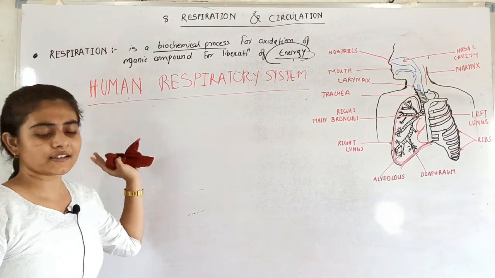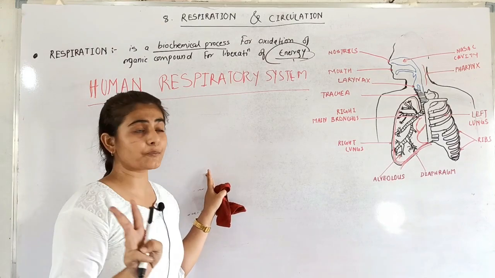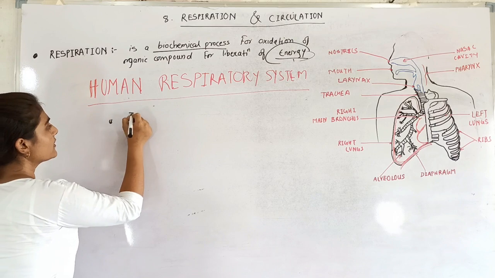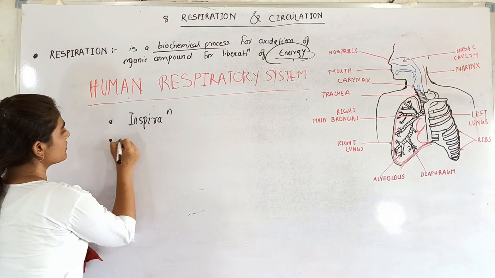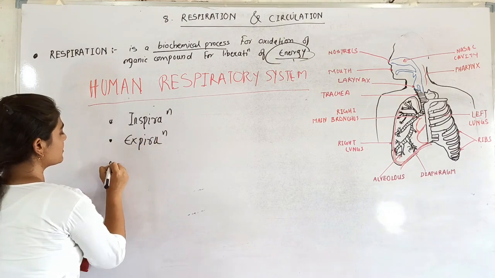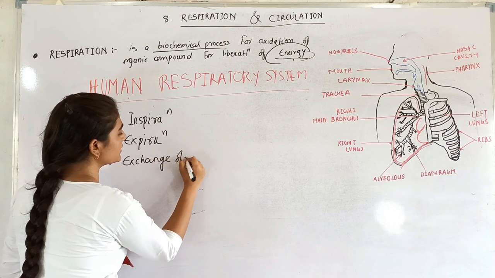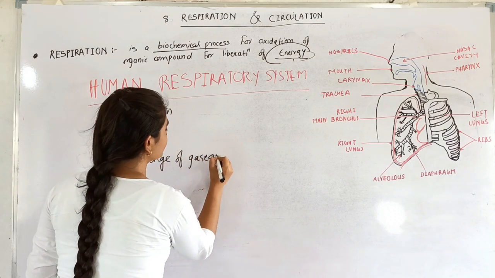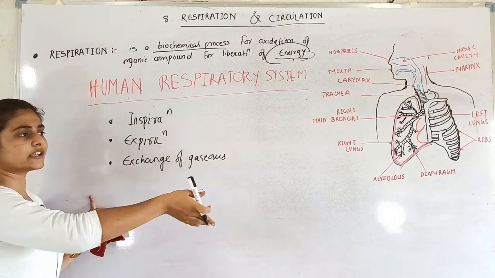Human respiratory system has 3 main key points: inspiration, expiration and exchange of gases. In plants we have learned the exchange of gases, but that is for plants.